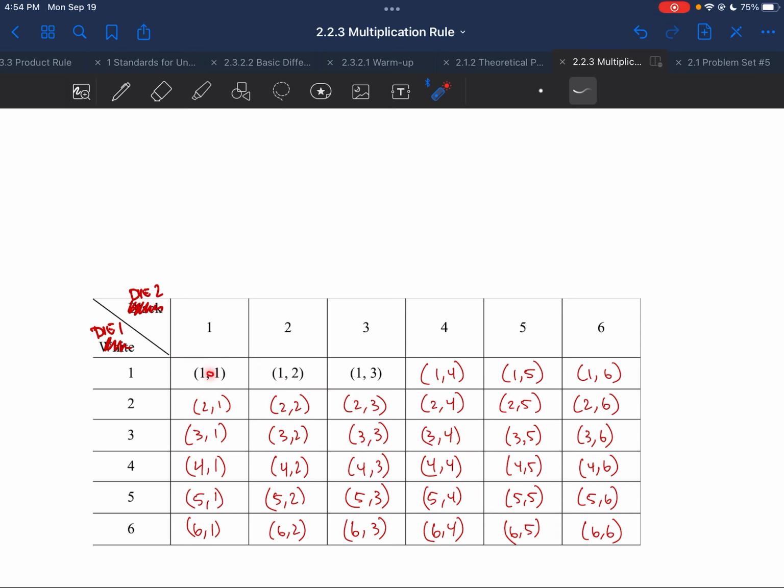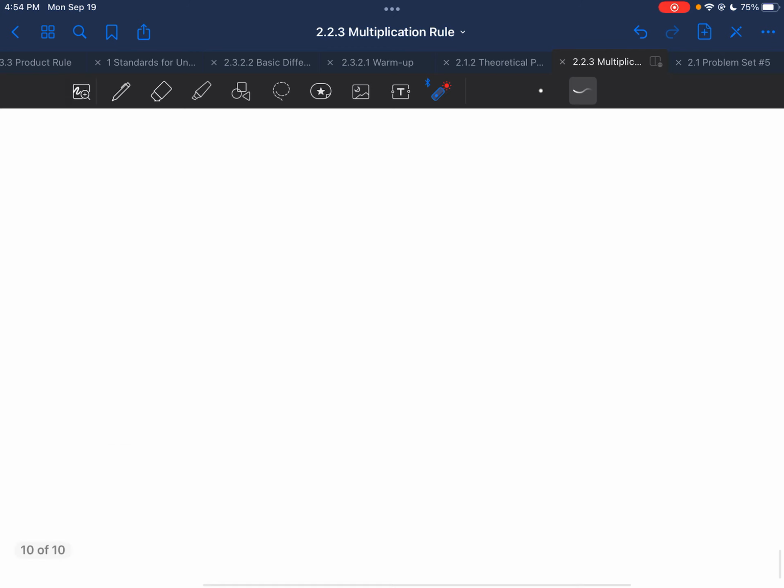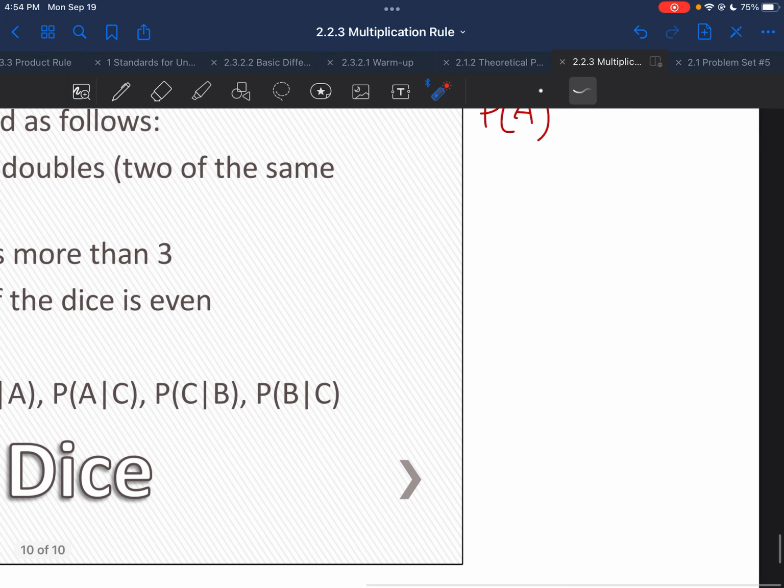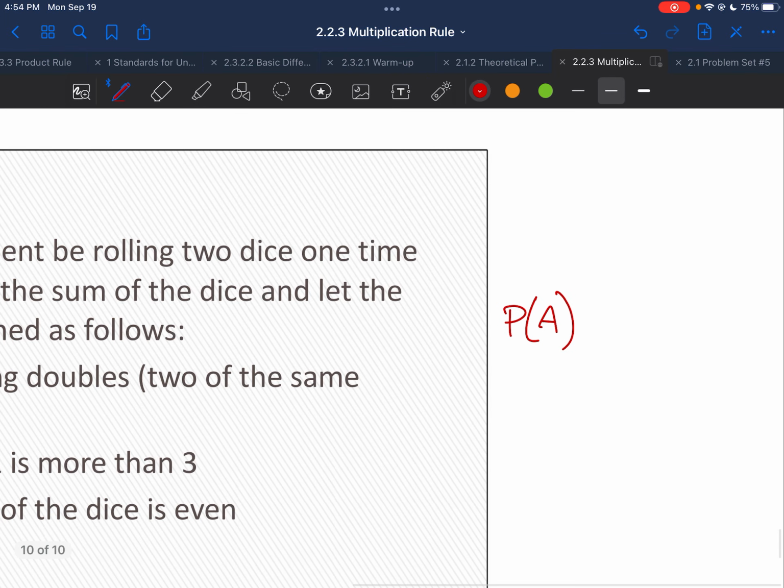So there's 1, 2, 3, 4, 5, 6 doubles. There's 36 total numbers here. So the probability of A is going to be 6 over 36. We can write that as 1 over 6 if we want, but it doesn't matter right now.